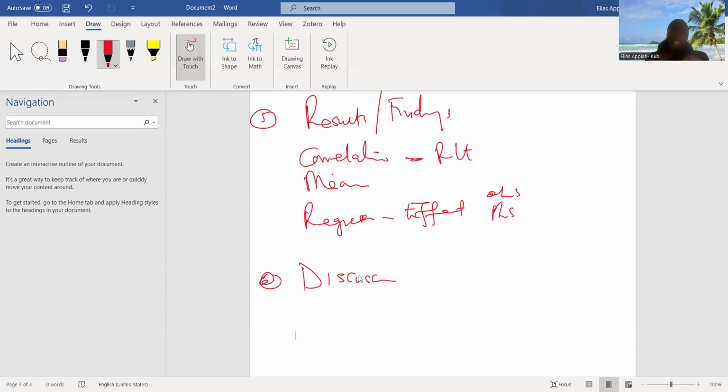So the discussion brings out the contribution of your study. It brings out the novelty of the study. Let's say the results deviate from past studies. You need to give us the reason or the rationale behind that result, and that is the contribution of your study.